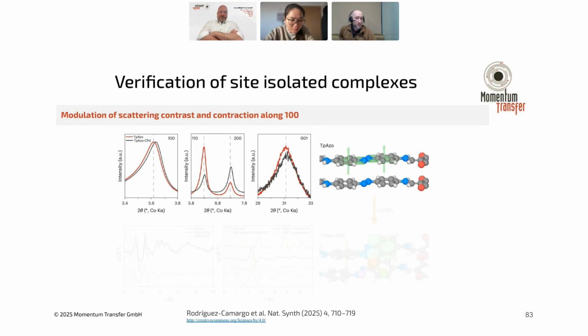And you see the same thing in the 001 reflection. That's interesting, because the general expectation would be that if I load something into the framework, it should expand. And for some of the other reflections, we see modulations in intensities, and that comes from the phase contrast between the presence of these palladium complexes.